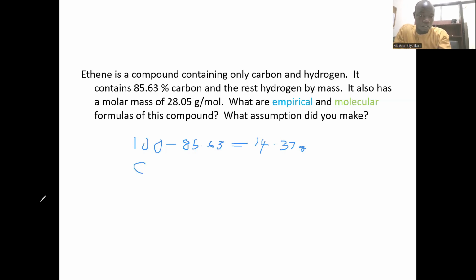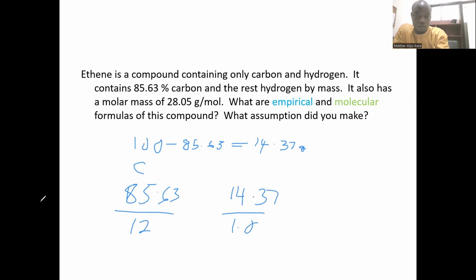For the carbon, we have the percentage as 85.63, and of course the molar mass of carbon is 12, so we divide it by 12, and that of hydrogen we have 14.37, and then we divide it by 1.00.